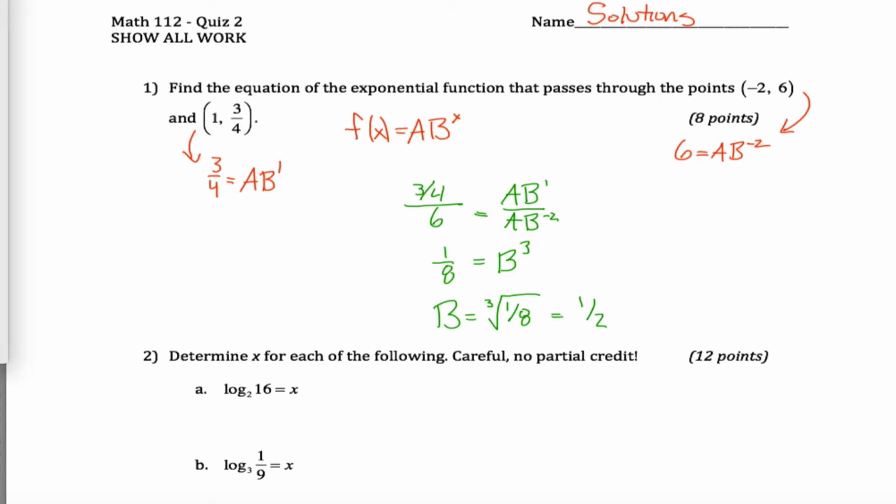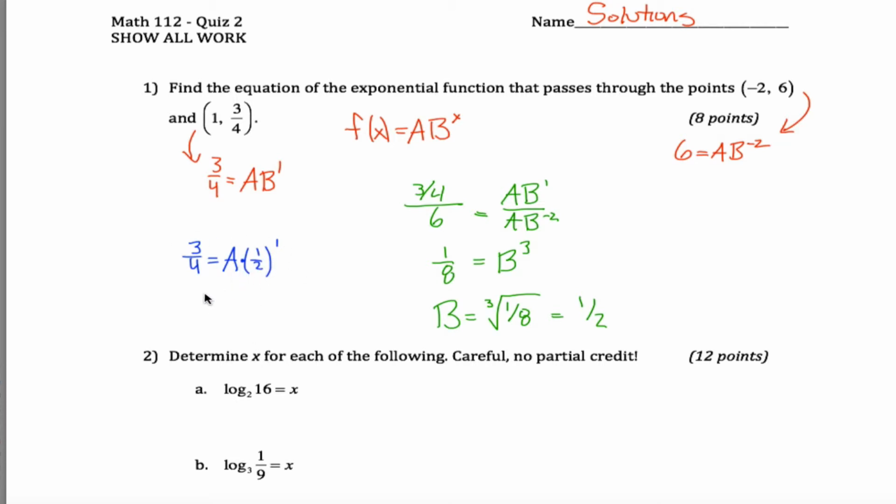And once you know b, you can use that to figure out a. You can take either of these two equations. It really doesn't matter which one you use. I'm going to choose this one. Then say that 3/4 is equal to a, which I don't know, times b, which is 1/2, raised to the first power. 1/2 to the first power is just 1/2.